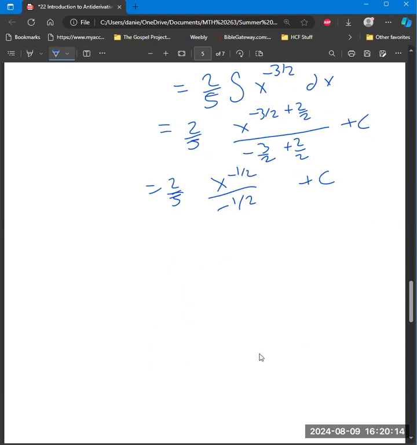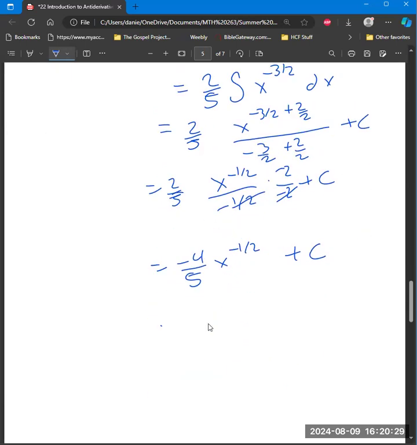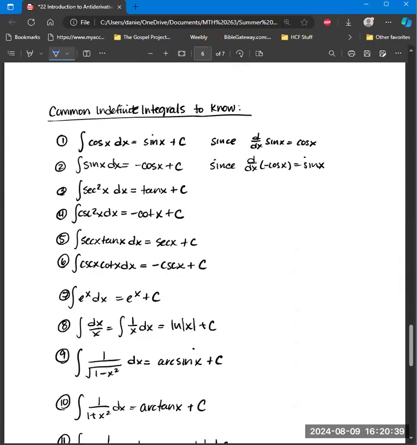I'm going to be multiplying by a -2 to get rid of that. So that's going to be -4/5 x to the -1/2 plus c. I started off with a root, so I'm going to go back to a root: -4/5 root x in the denominator plus c, just so my final answer looks kind of like my original problem.